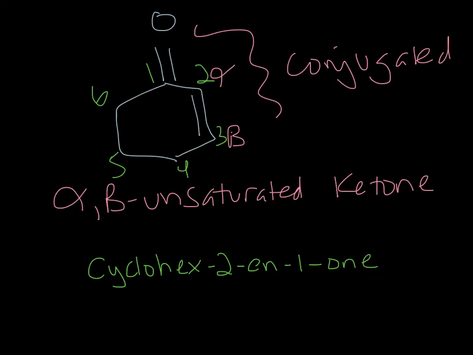Both of these change the root name, but the ene part comes before. So 2-ene tells me that I have a double bond beginning at the 2 carbon, so then necessarily stretching to the 3 carbon. And the 1-one, since I'm in a cyclic system, tells me that I have a ketone. And that is my parent chain, and so I start at that highest priority group, the ketone.